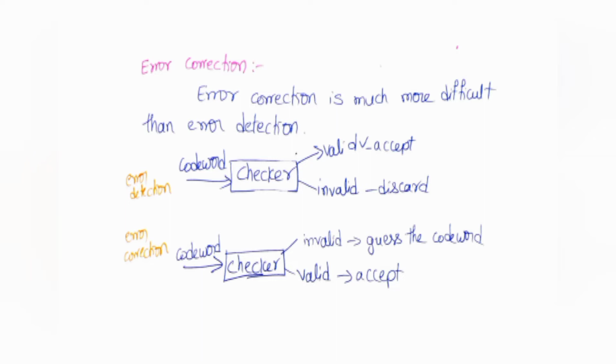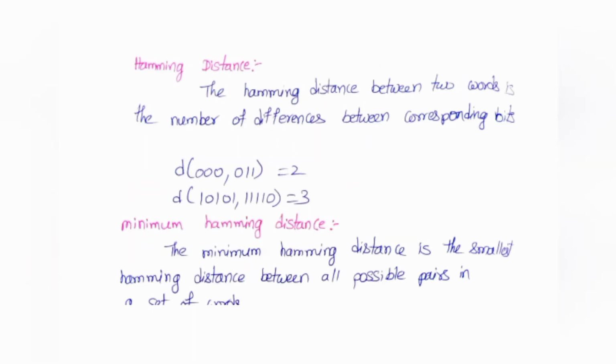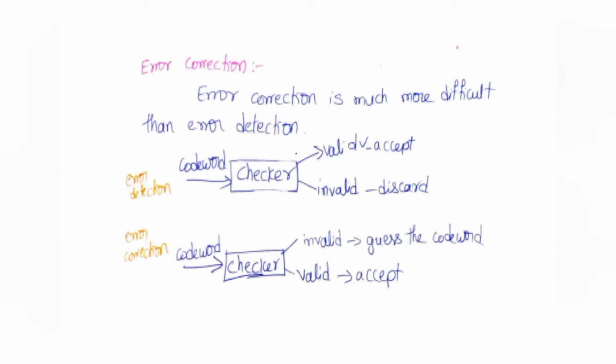If the message has any error, then it will consider it invalid, but it won't discard the message. Instead, it will guess the correct code word. For the error correction mechanism, it will guess the code word instead of discarding the message. So that is the main difference between error detection and correction. Error correction is much more difficult than error detection.